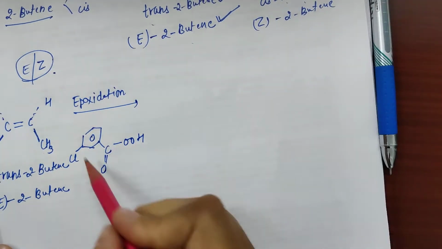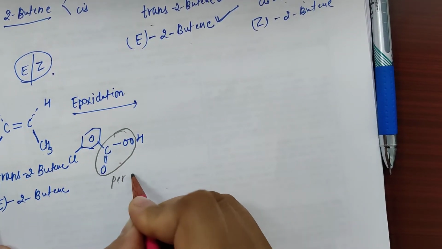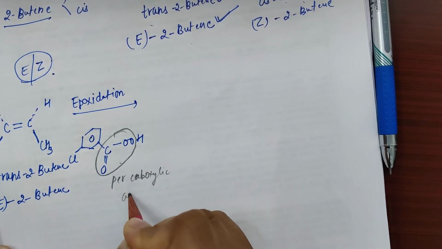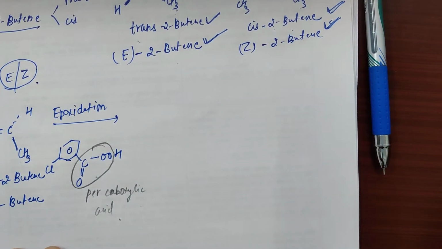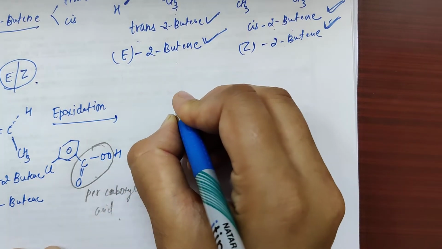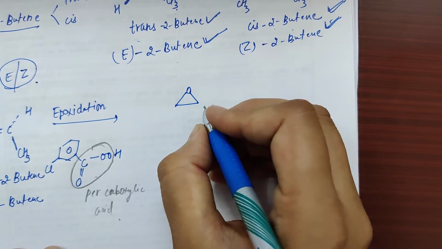Okay, so this is the percarboxylic group. This provides the nascent oxygen and hence results in the formation of an epoxide. This kind of group is called an epoxide.